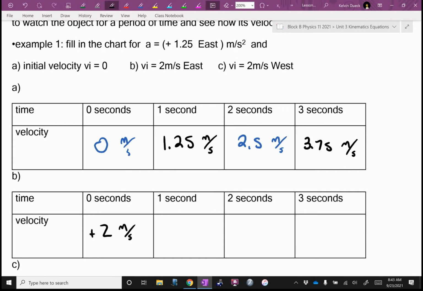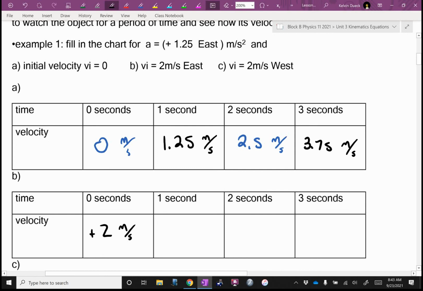So how fast are we going after 1 second? It's a good question. What's our speed changing by every second? 1.25. So after 1 second, anyone want to guess?